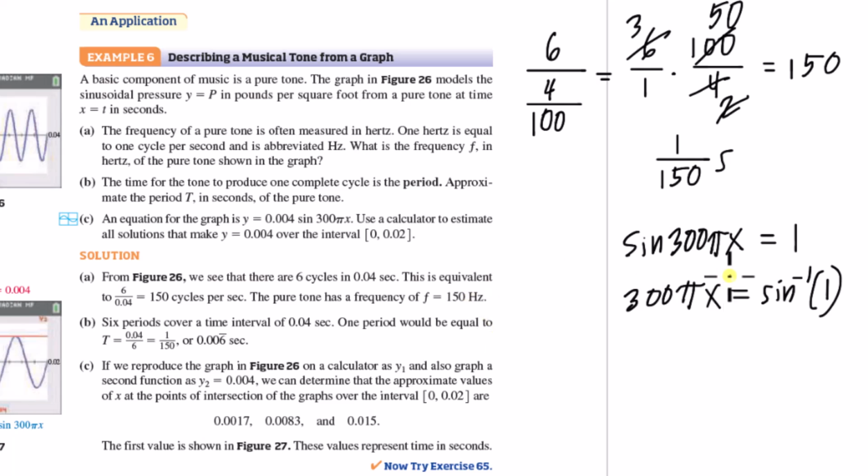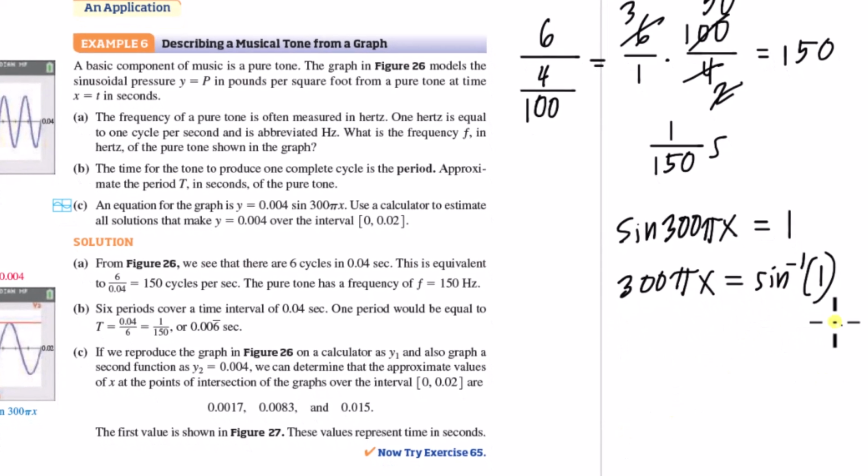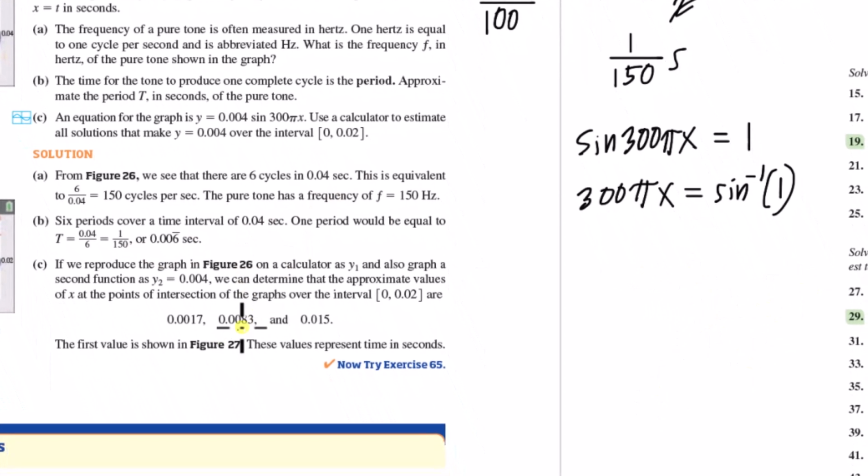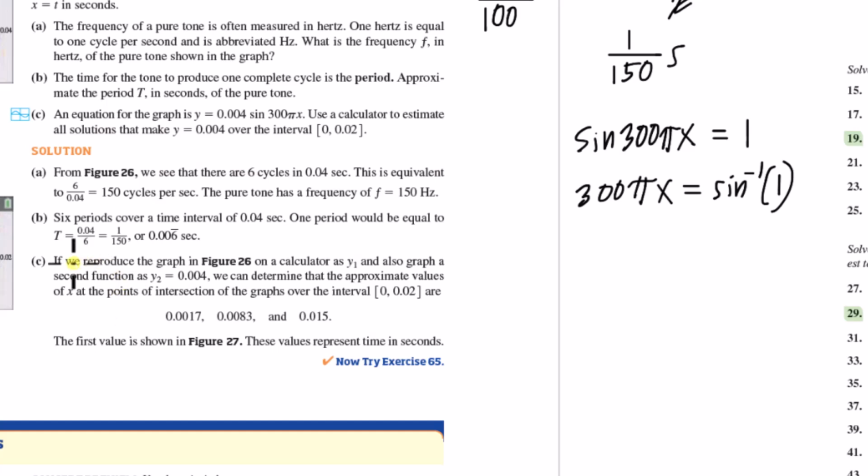This is a little bit different in the sense that we're only looking at x inputs from 0 to 0.02. Okay, so when we think about inverse sine of 1, well, that's a quadrantal angle, which makes sense because we're at the amplitude.